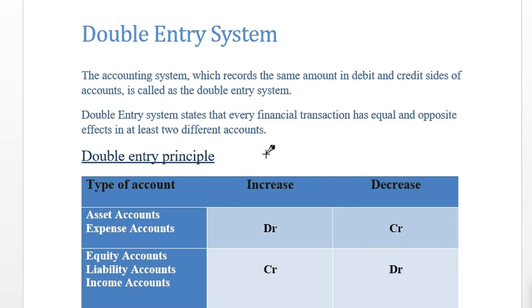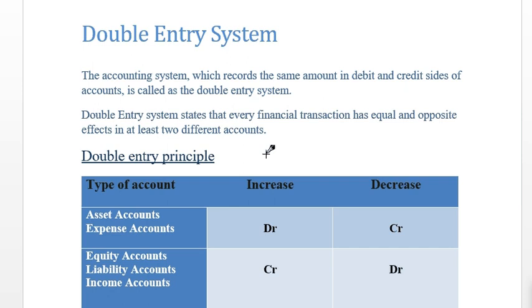When we consider the double entry principle, asset accounts and expense accounts have a similar double entry principle, and equity, liability and income accounts have the same type of double entry principle. So look at the table given.